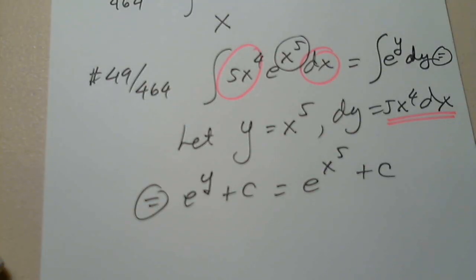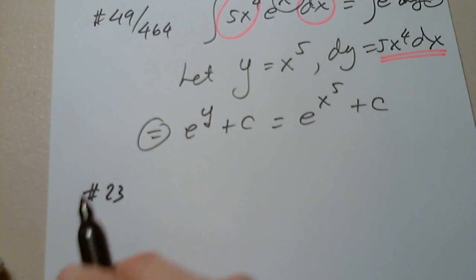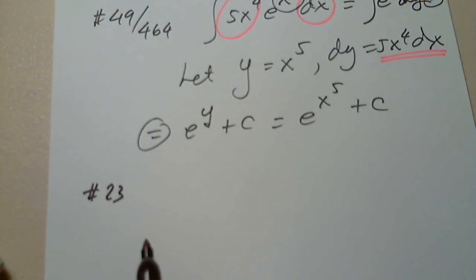Okay, here. 20 through 25. Can we do 23? Yes, of course. Let's look at 23. This is one of the properties of the definite integral.